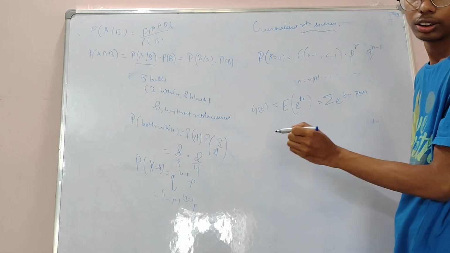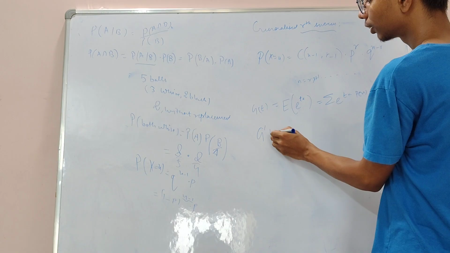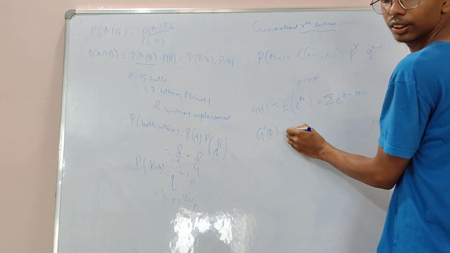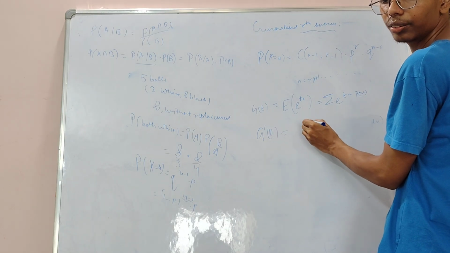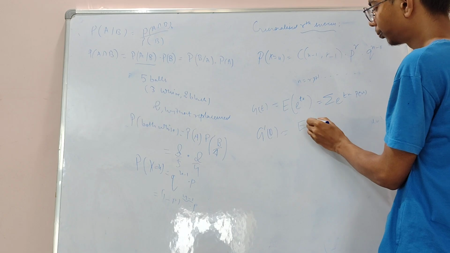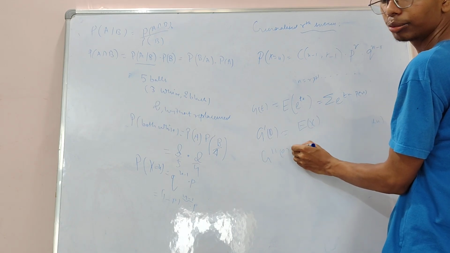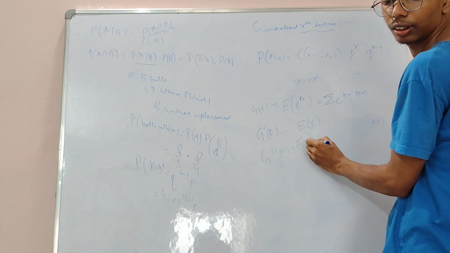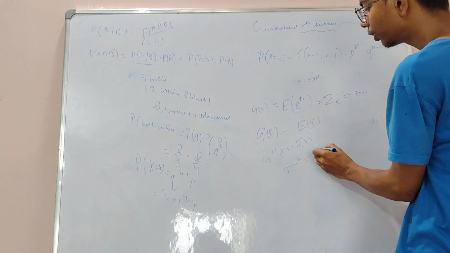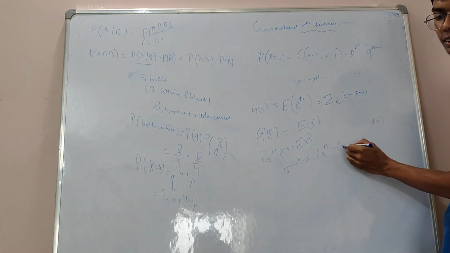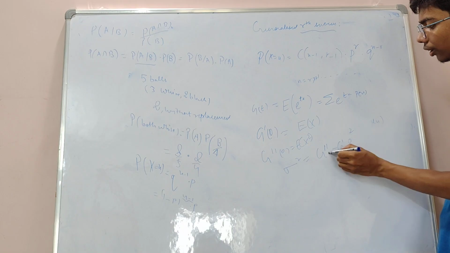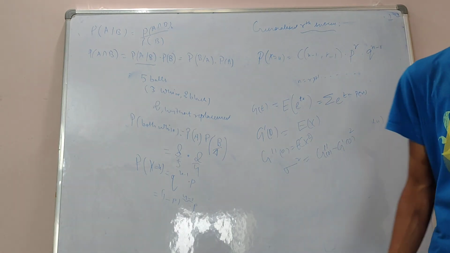If I differentiate it, g dash 0 will be my mean. If I double differentiate it, it will give me E of x square, and sigma square will be g double dash minus g dash square.